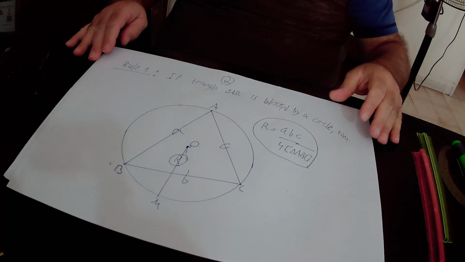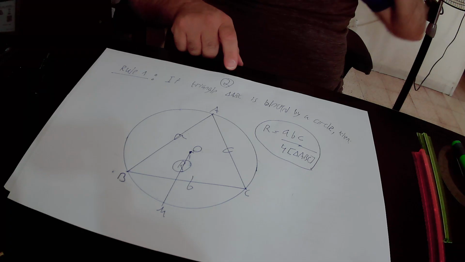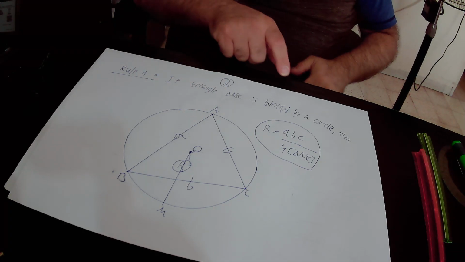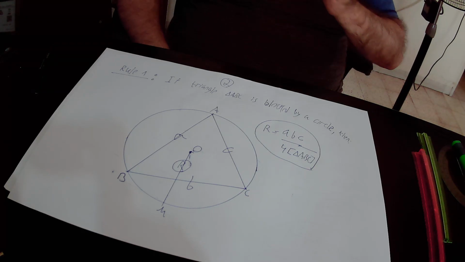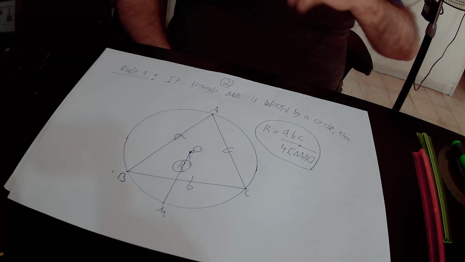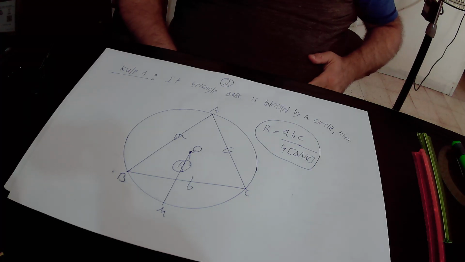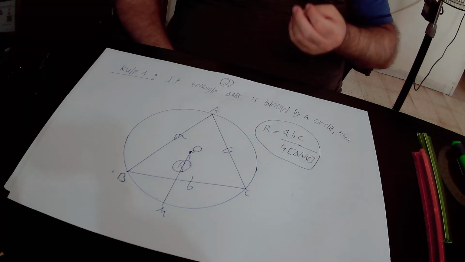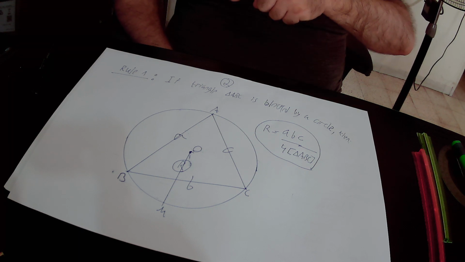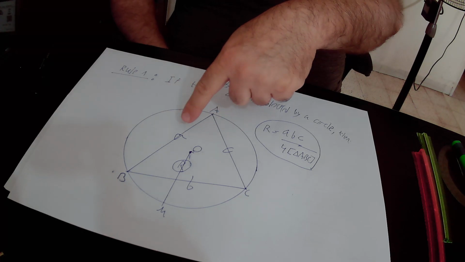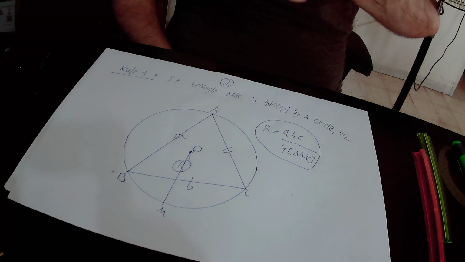According to rule number 1, if triangle ABC, that could be any triangle, is blocked by a circle, then the following equation is true. So whenever you have a triangle that is blocked by a circle, you can use rule number 1. Here, side AB equals C units in its length, side AC equals 3 units in its length, and side BC equals B units in its length.